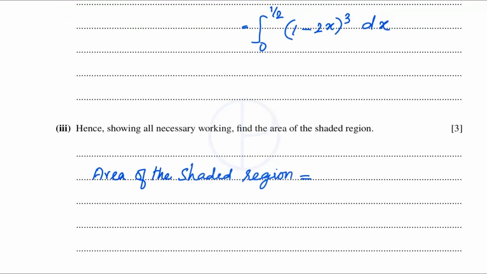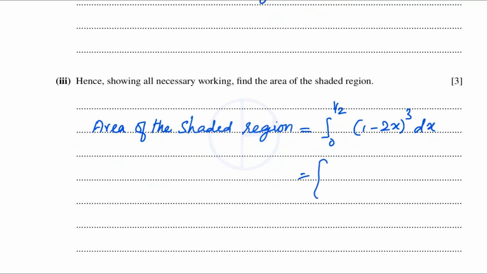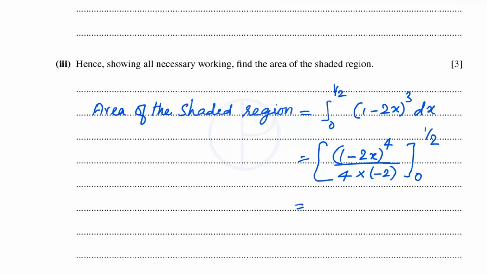So the area of the shaded region is, we know, the integral from 0 to 1/2 of (1 − 2x)³ dx. Let's integrate this one: (1 − 2x)⁴ divided by 4. The coefficient of x is negative 2. So from 0 to 1/2, which is equal to, let's substitute, the denominator negative 1/8.